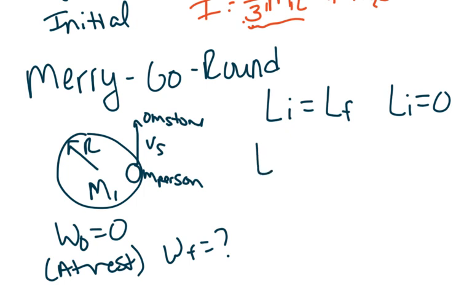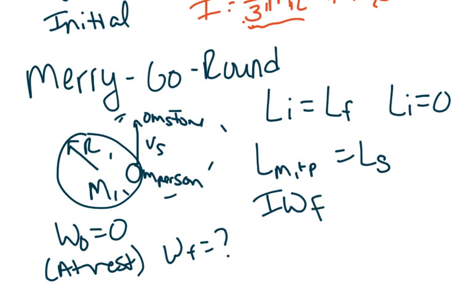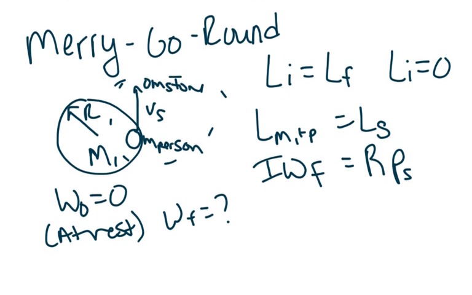So we have a conservation of angular momentum here. That means the angular momentum of the merry-go-round plus the person has to equal the angular momentum of the stone. Okay, so we end up with I times the final angular velocity equal to the radius of the merry-go-round times the momentum of the stone.